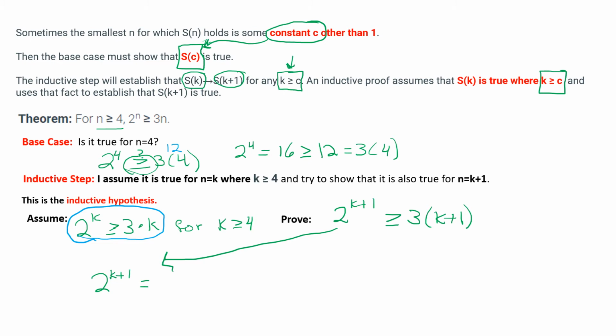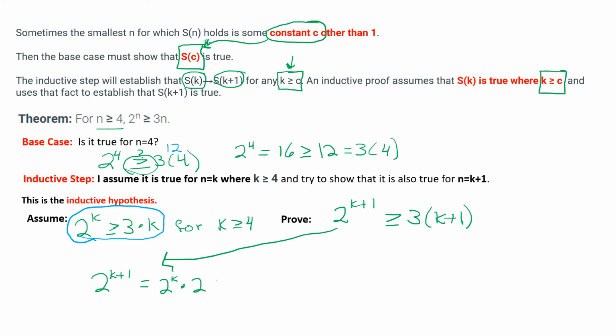So remember, 2 to the k plus 1 just means we're taking 2 times itself k plus 1 times, right? But that would be equal to 2 to the k times one more 2, right? Because 2 to the k plus 1 would be the same thing as 2 to the k times 2 to the 1. So we can write it that way.